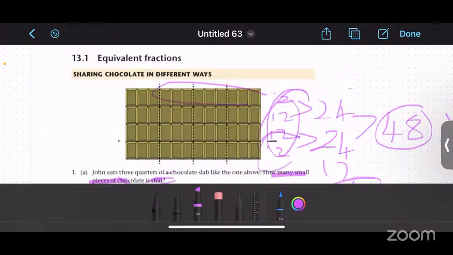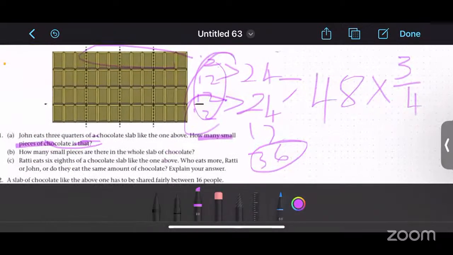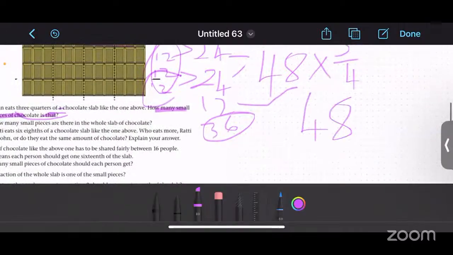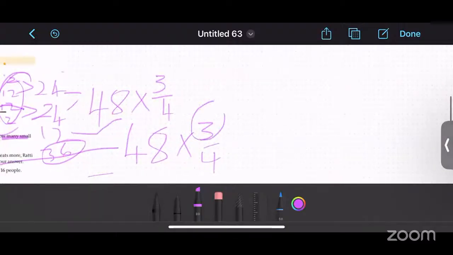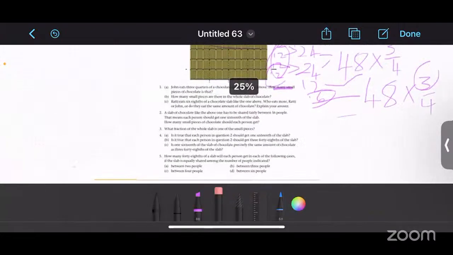Then I know that this 12 plus 12 will also give me 24. Or alternatively, you can put everything on your calculator: 12 plus 12 plus 12 plus 12. It will give you 48. So that means the chocolate has 48 pieces. And then they're saying this person ate 3/4. So you're going to take the total of the chocolate and multiply it by 3 out of 4, because the 3/4 is the same as 3 divided by 4. Okay? Does that make sense? Yes, ma'am.